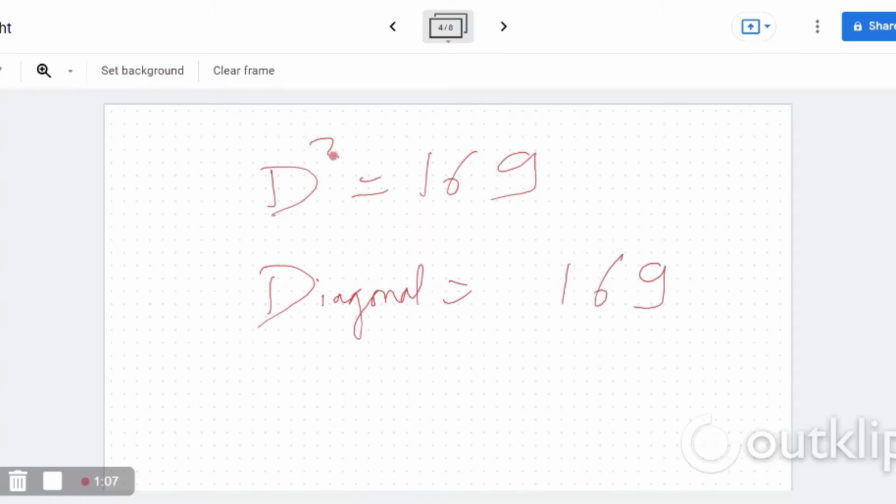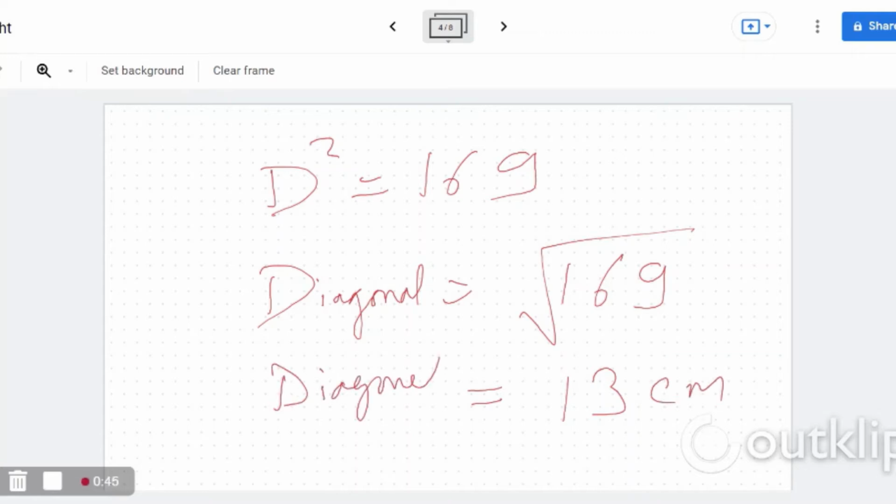When the square goes to the other side, I put a square root. By the way, I'll just take my eraser and erase this part. This is just to make you understand. So now I take my pen back, and the root of 169 is 13. So my 13 centimeter is my diagonal. So the answer is 13 centimeter is the length of the diagonal.